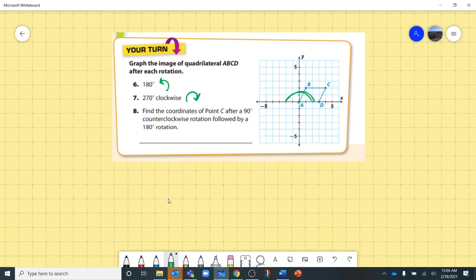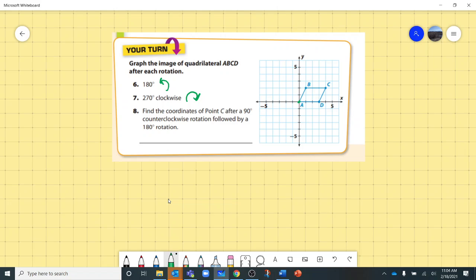So we're going to rotate each of these points halfway around, 180 degrees. Another way to look at it is 180 degrees takes your coordinates and flips both of them. So if you're positive, you're going to be negative. Okay, so let's go ahead and do this one.